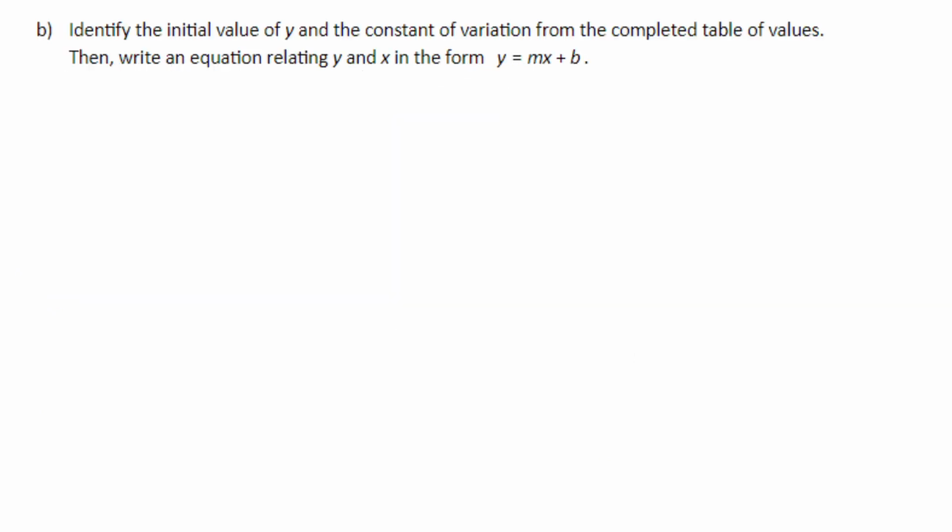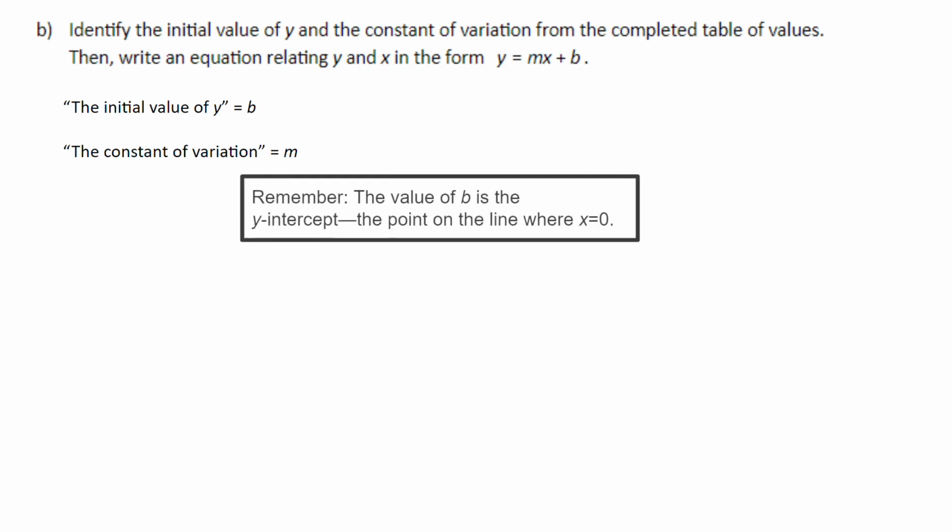Now we want to identify the initial value of y and the constant of variation from the completed table of values. So we want to write an equation relating y and x in the form of y equals mx plus b. So our initial value of y is b, and the constant of variation is m. And now remember that the value of b is the y-intercept, so the point on the line where x equals 0.